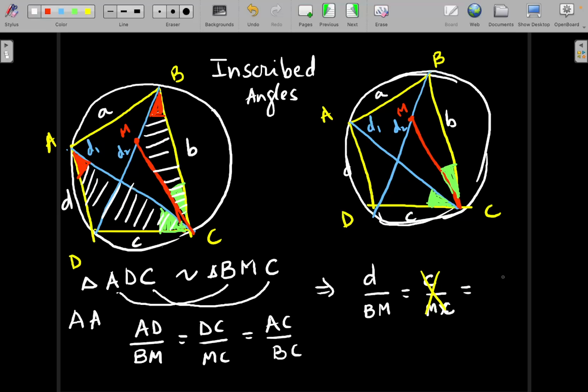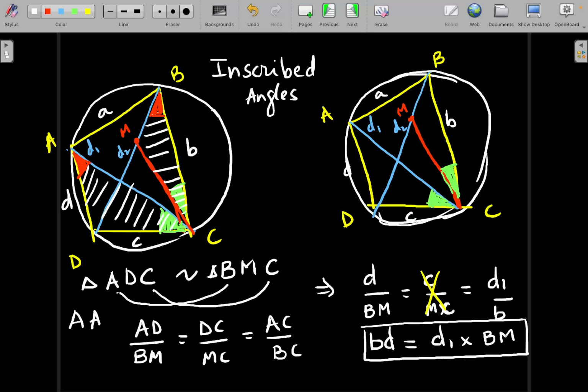Please look into the picture now. AC is d1 and BC is b. Now cross multiply the two ratios that I'm interested in, and I've got bd is equal to d1 into BM, and this is half of the proof.